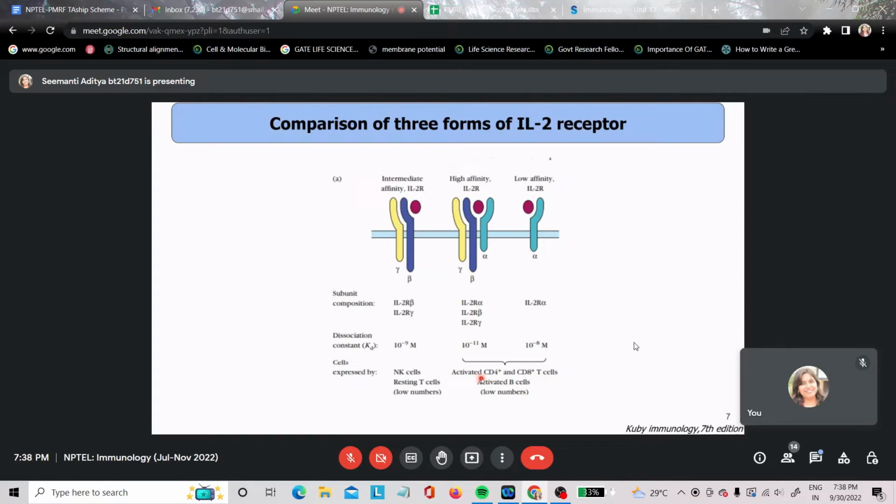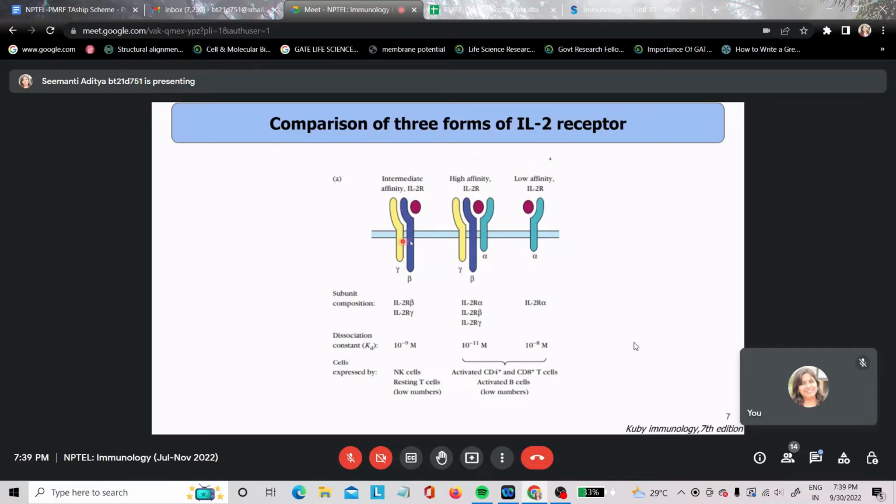CD4 plus T cells and CD8 plus T cells are T helper cells and T cytotoxic cells. All kinds of receptors are present on the cell surface, but only the receptors which have this kind of combination can mediate signaling.